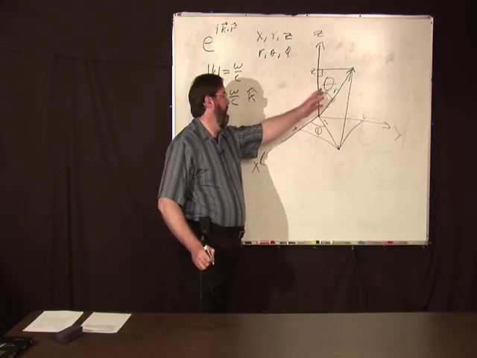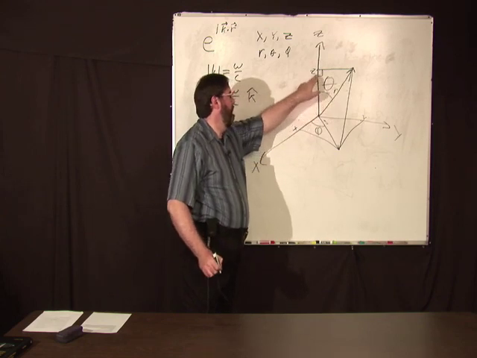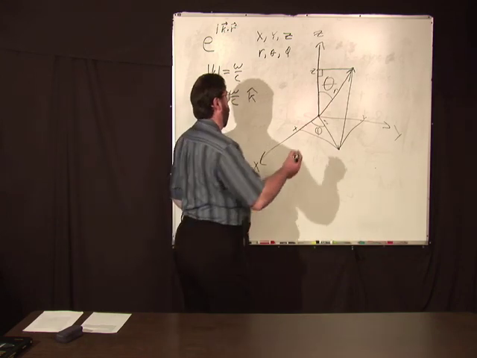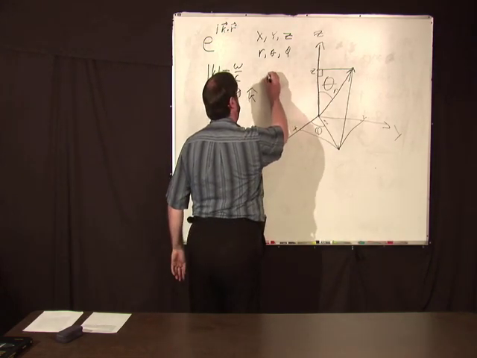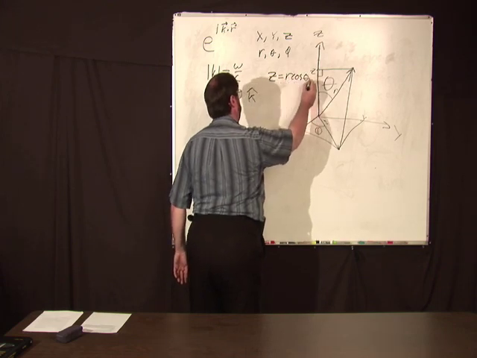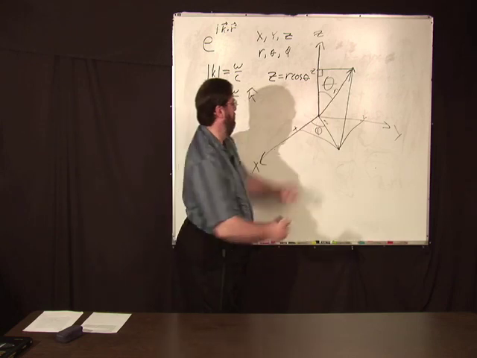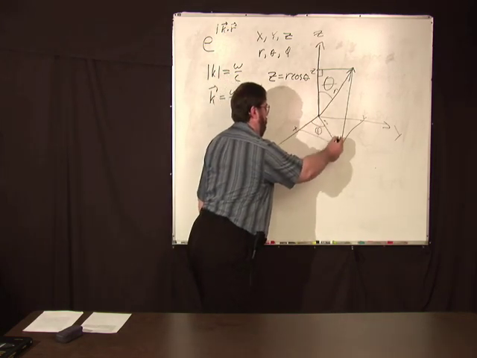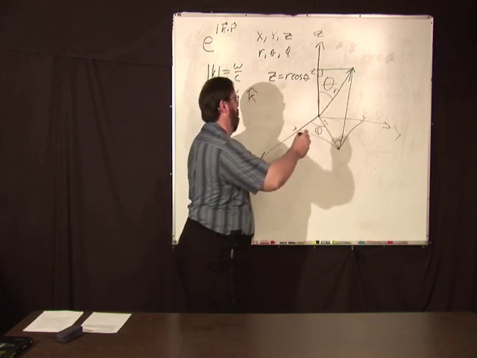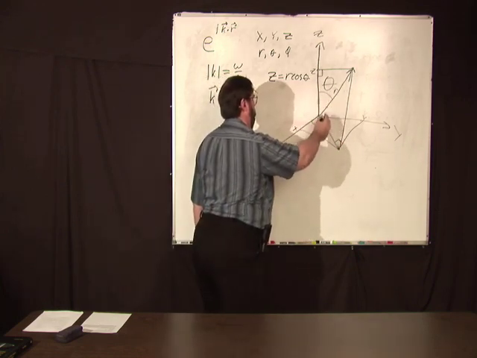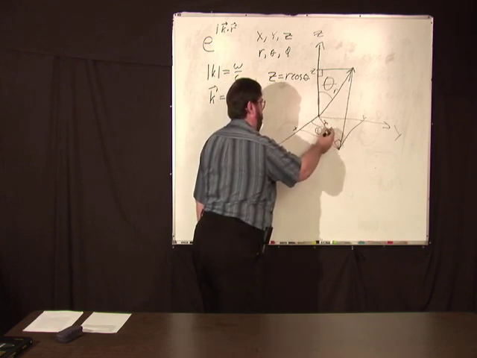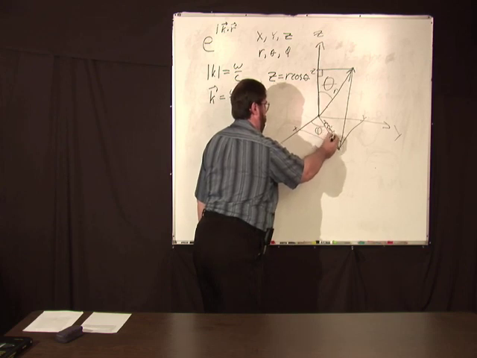From this drawing, you can see this is a right triangle. You know r and z and theta from trig. You can deduce that z is r cosine theta. Well, from trig, you got yourself a right triangle here, so you know this is r sine theta.